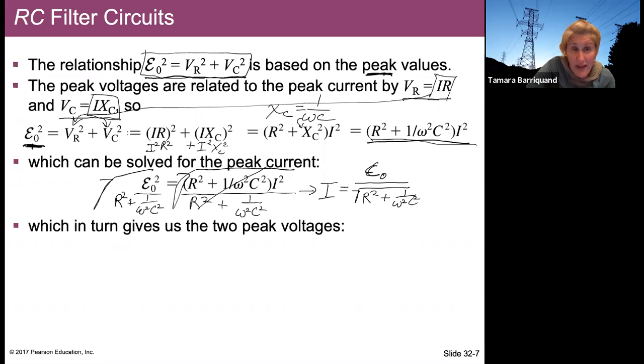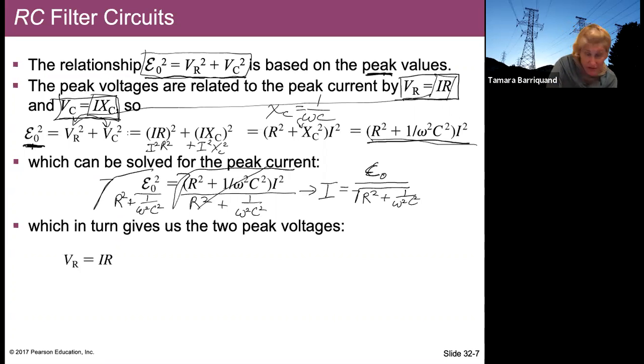So then I can go ahead and find the two peak voltages, because I know that the peak resistor voltage is equal to IR, and I know that the peak capacitor voltage is equal to the peak current times the reactance.